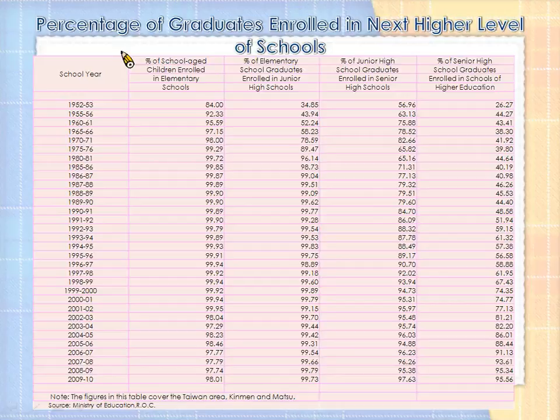This change over the past 15 years is mainly due to the expansion in higher education institutions. Now we have about 167 colleges and universities on this island, and that also explains why we have such a high enrollment rate for colleges and universities.